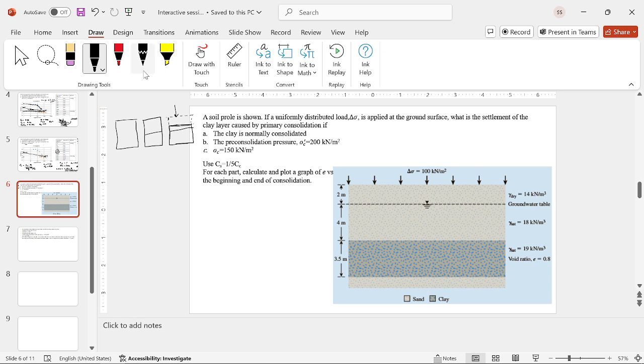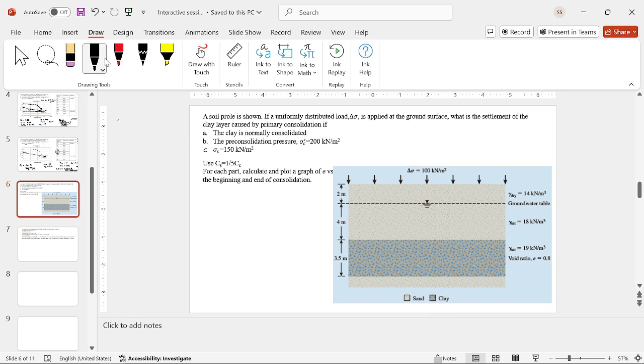It cannot be zero. You cannot have zero voids, because then it will cease to exist as a porous material and it will become a solid like steel. And that is not how soil is. Soil is a porous material. So it will have minimum voids.